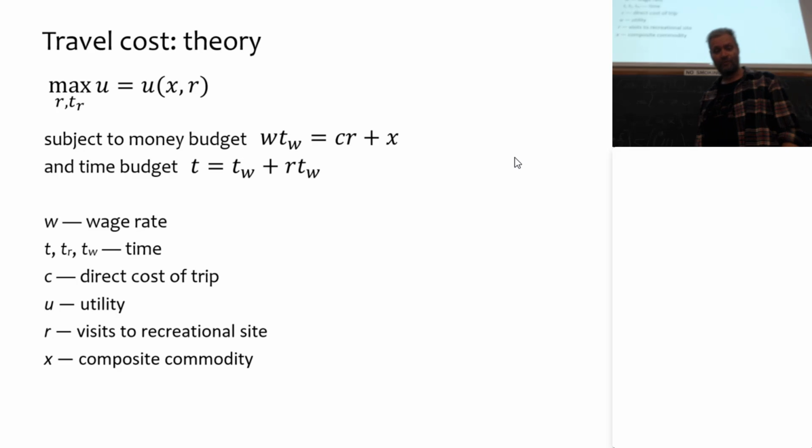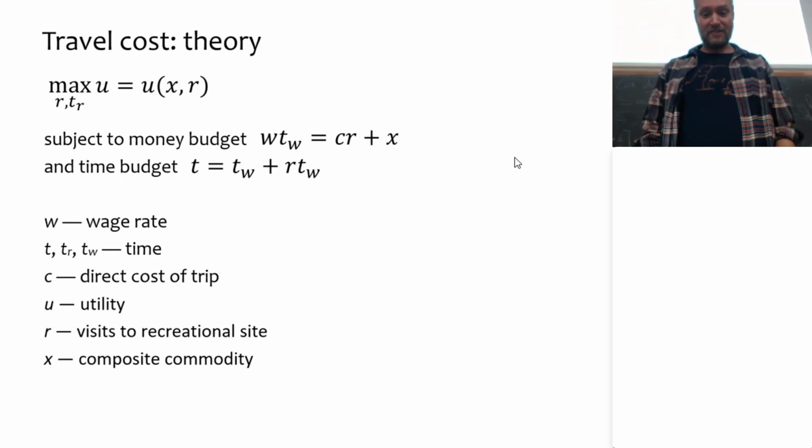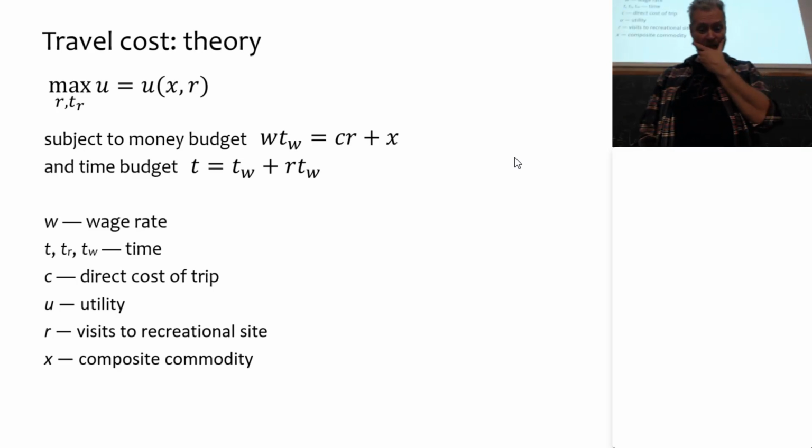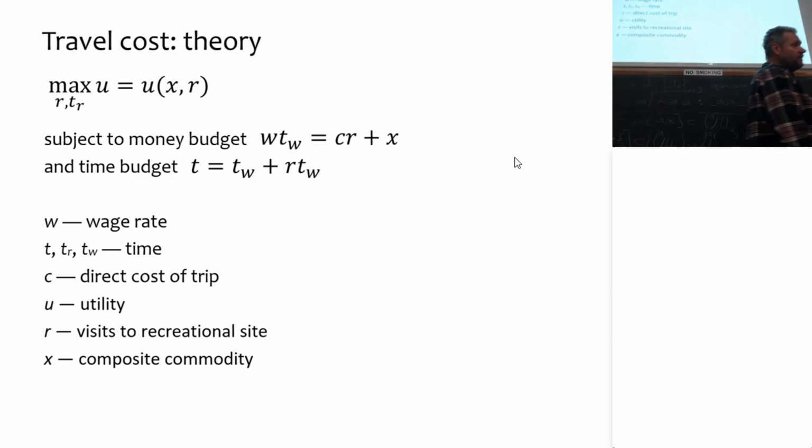So we have an economic agent who wants to maximize utility U, and utility is a function of consumption good X and recreation R, where R here is seen as the number of visits. And this is subject to a monetary budget, where W is the wage earned and TW is the amount of time spent working, so that is your income.